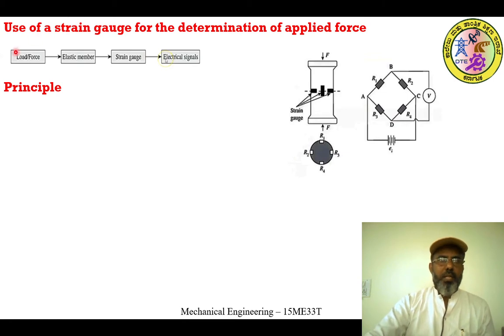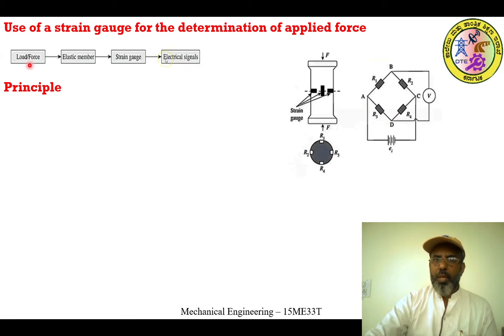Now let us discuss the use of strain gauge for the determination of applied force. For any force measuring device, load or force is the input, and the output may be in terms of displacement, deformation or electrical signals.